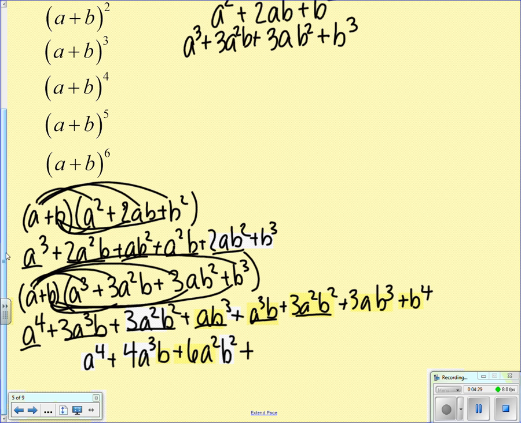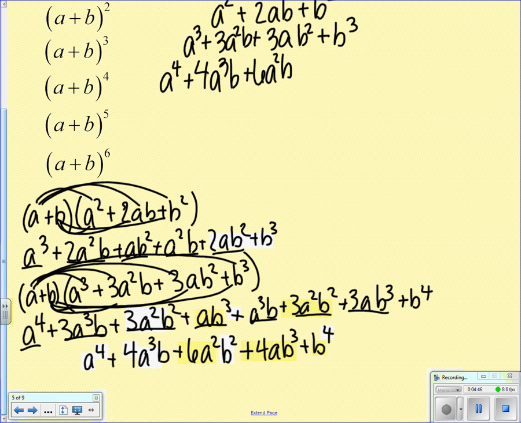We have 1ab cubed and 3ab cubed, so 4ab cubed, and then plus b to the 4th. So we're going to write that as the next line. A to the 4th plus 4a cubed b plus 6a squared b squared, and then plus 4ab cubed, and then plus b to the 4th.